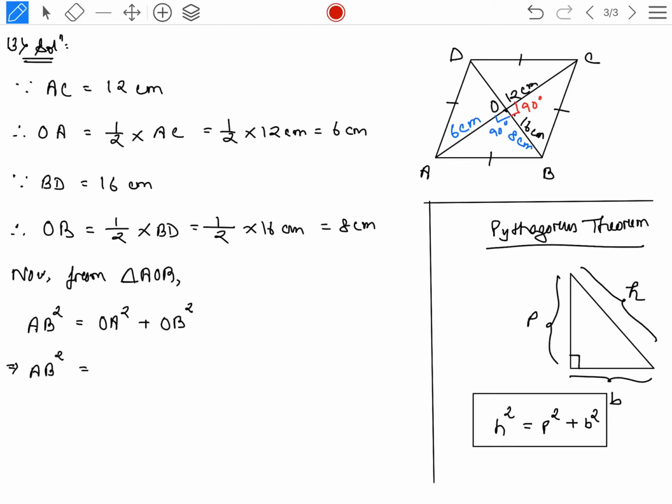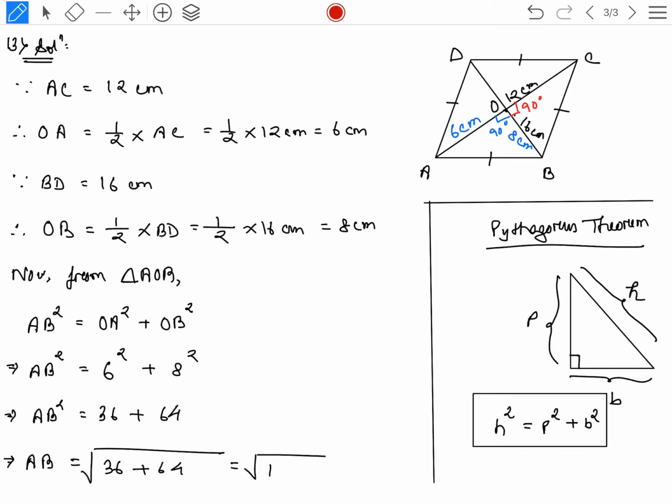So AB square equals 6 square plus 8 square, that is 36 plus 64. So the value of AB will be root over 36 plus 64, that means root over 100, that is 10. Square root of 100 is 10.